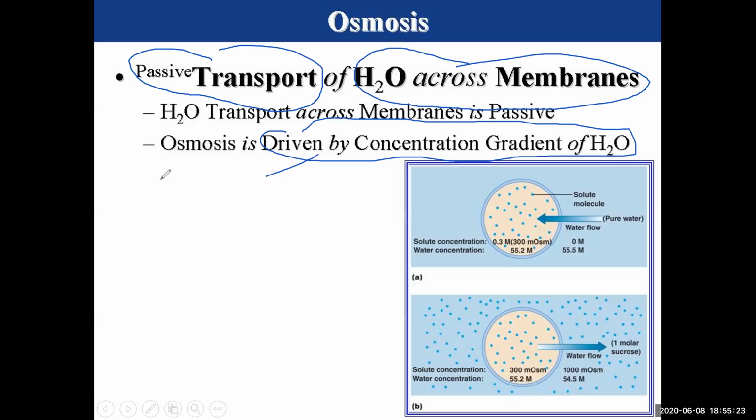Again, meaning high concentration moving down to low concentration, right? So, for example, here we have much more water on the outside, less water on the inside in terms of concentration.